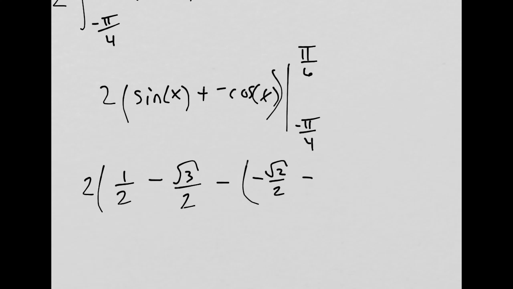Minus negative cosine, that's root 2 over 2.